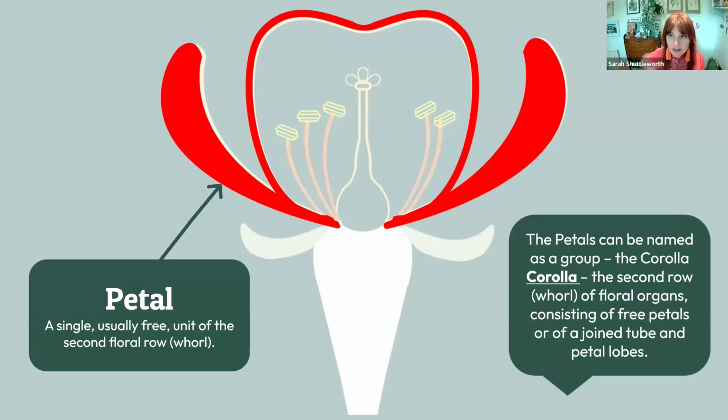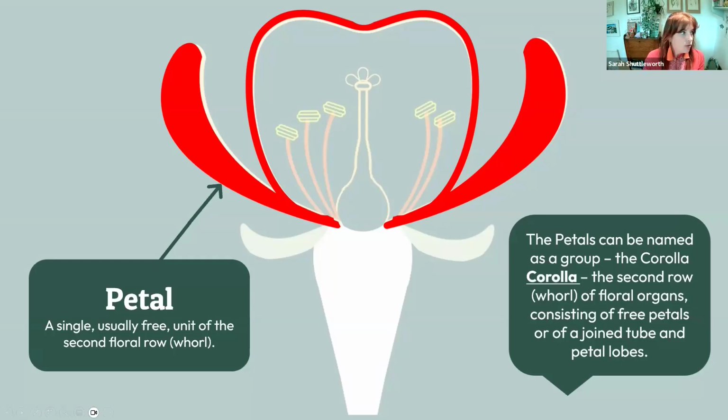They can be referred to as another name when talking about either multiples or when they are fused together, and that can be known as the corolla. So again, if you're reading in your book and it talks about the corolla or the corolla tube is blue, then now you know that actually it's referring to that whole petal unit, or especially if it's fused together, and it's referring to it as a corolla tube.